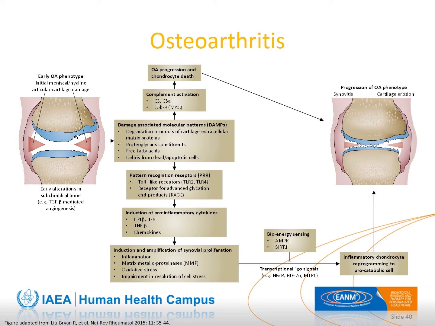This will result in the expression of the classic pro-inflammatory cytokines interleukin-1 beta, interleukin-8, and tumor necrosis factor beta. The resulting inflammation and synovial proliferation accelerates tissue destruction via MMPs, increases cellular oxidative stress, and impairs resolution of cell stress.